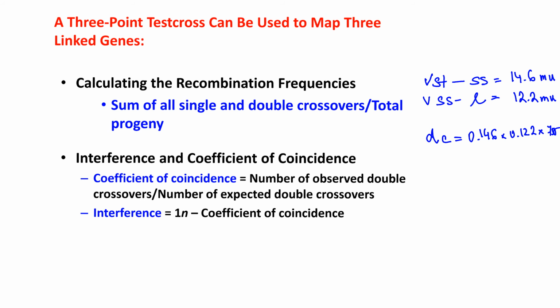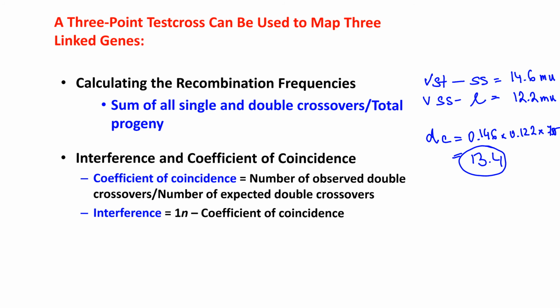So this is what you would expect if the two crossing overs between genes ST and SS and between SS and E were independent of each other. However, as you recall, we only observed 8 double crossovers, 5 plus 3. So why is that?